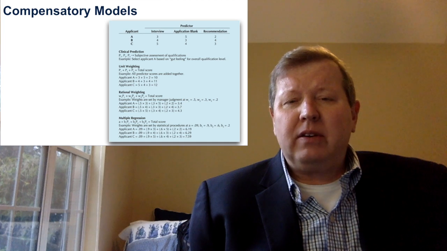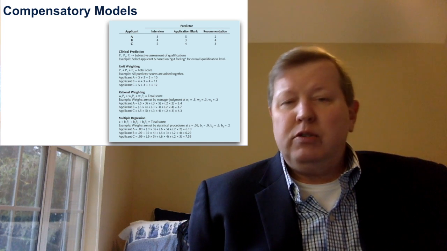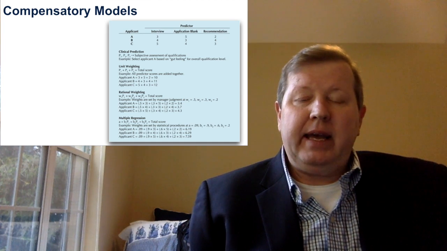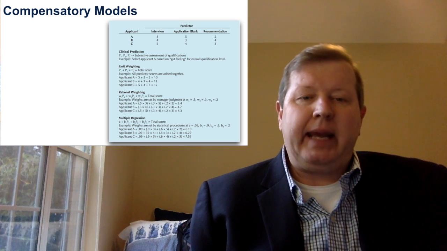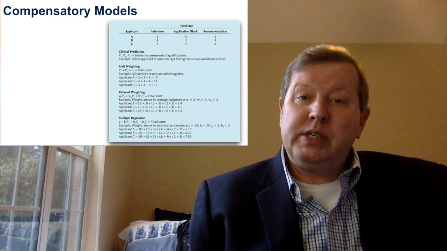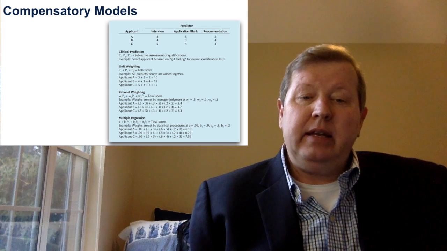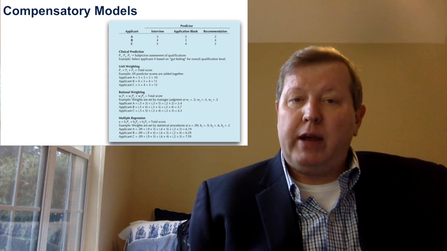So we put those factors in front of that, do the math, and again come out with a highest scoring candidate that way. The most sophisticated way to do that is with a multiple regression test.